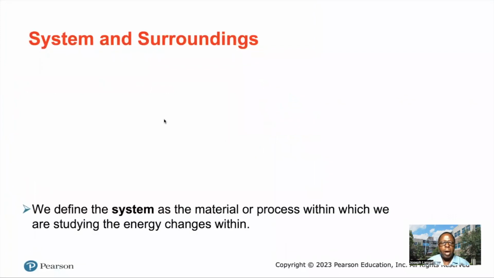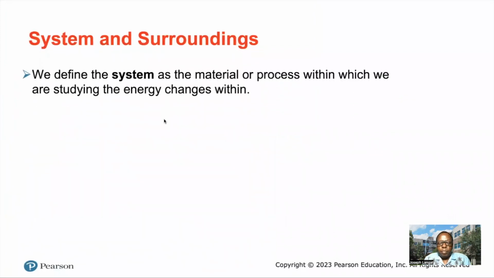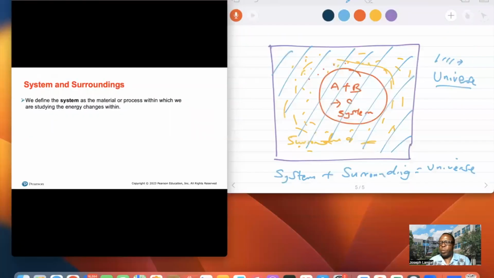So there are different types of system. We look at them momentarily, but we define the system as the material or process within which we are studying the energy changes. If we talk about exothermic, that means it is going to give away heat, or endothermic, which means heat coming in.